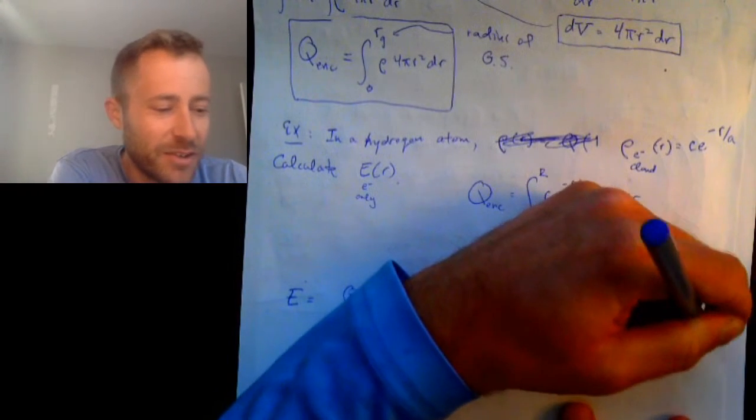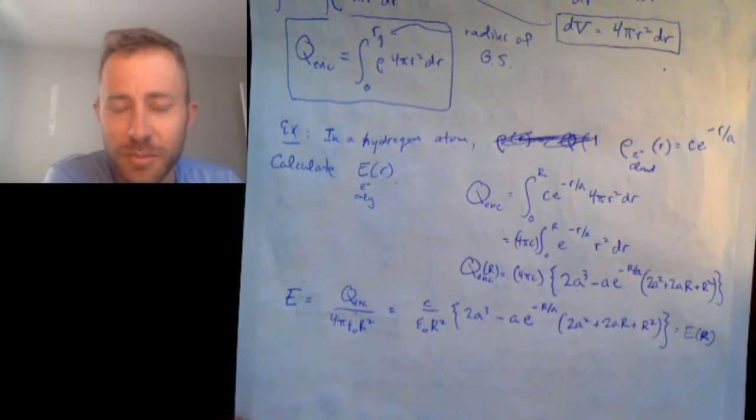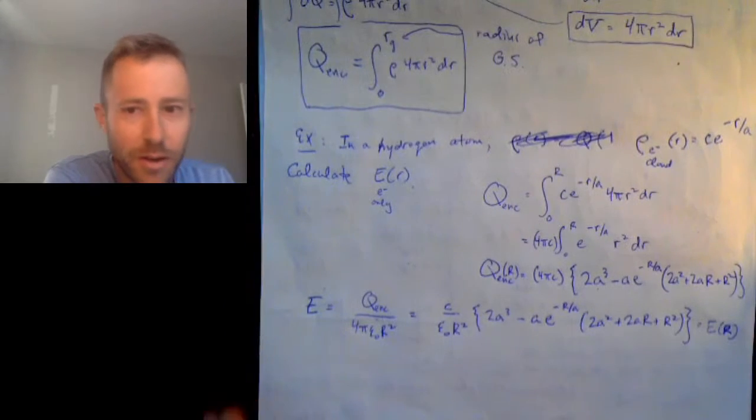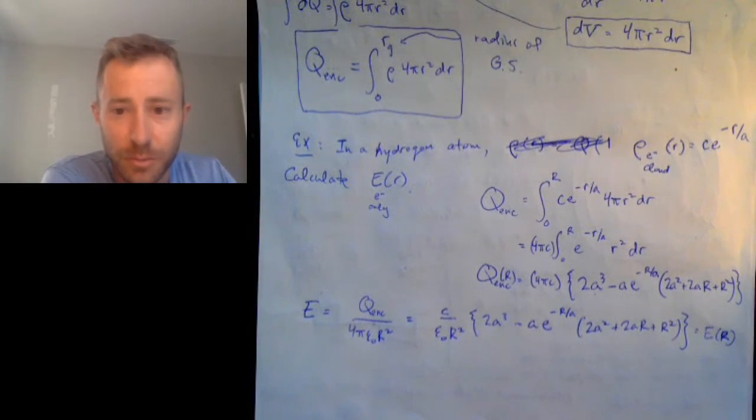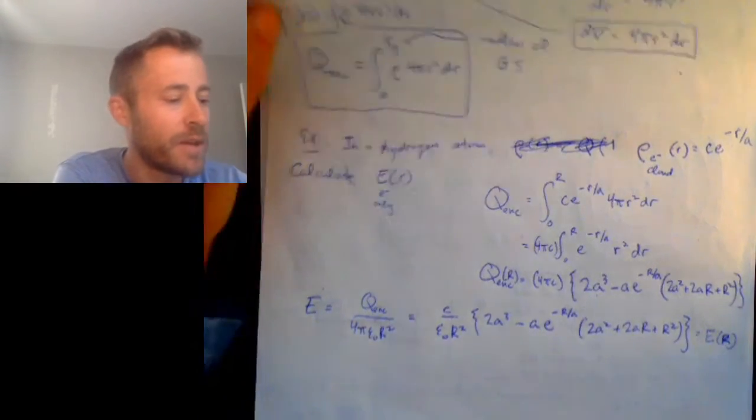I just came up with this problem on the fly, so I probably will change it for next class period because that's maybe a little bit too complicated. But let's just see, how does the electric field depend on distance from the center of the hydrogen atom?